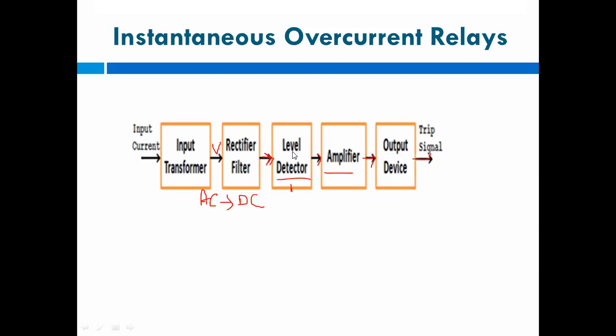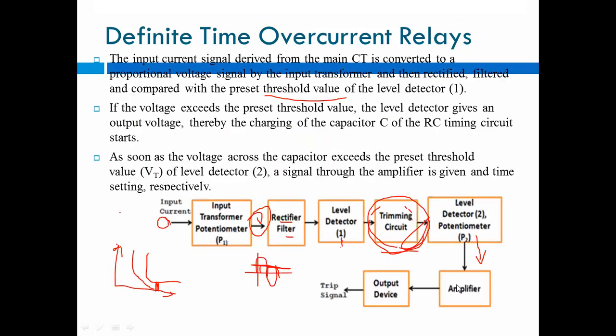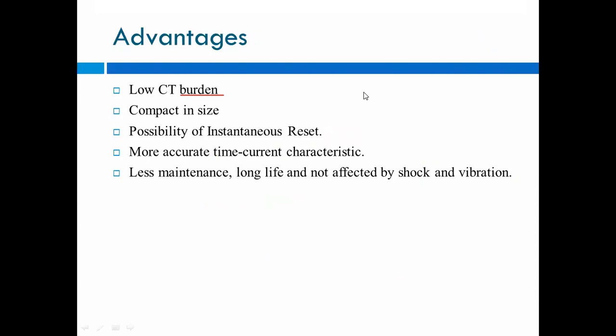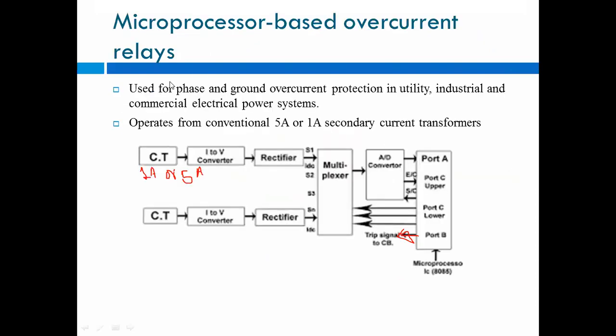That is compared in this level detector, then it is amplified, and the output signal is given as a trip signal. So this is the instantaneous overcurrent relay. Next is the definite time overcurrent relay. These all are for the static relays.